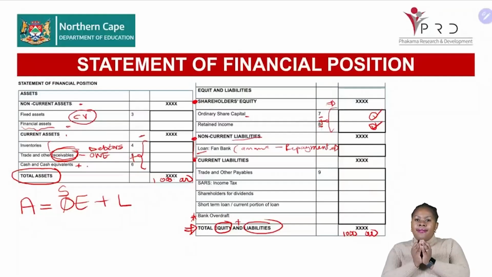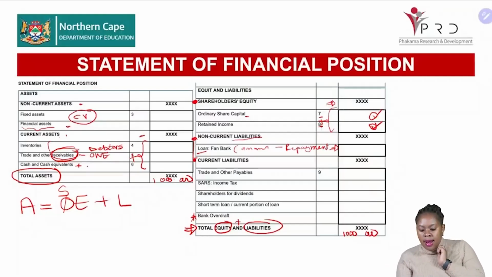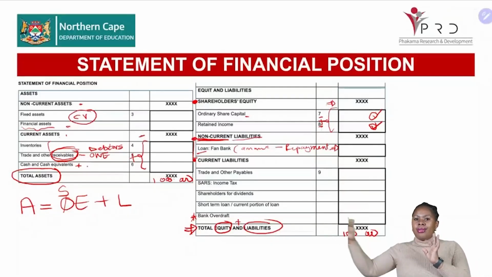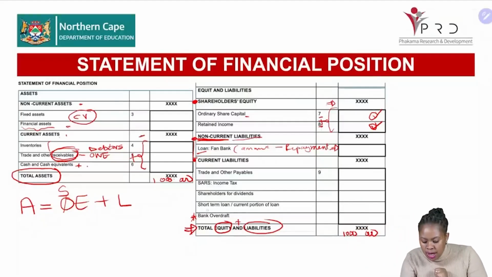So we cannot have that amount falling under our non-current aspect, because non-current means more than 12 months. But now the repayment, we are not going to owe for more than 12 months. Hence, we need to take the repayment to the short-term loan.